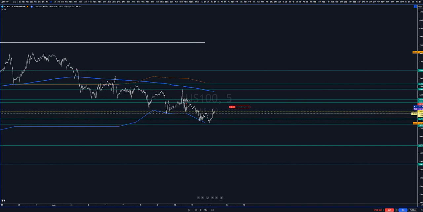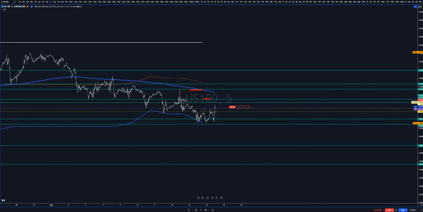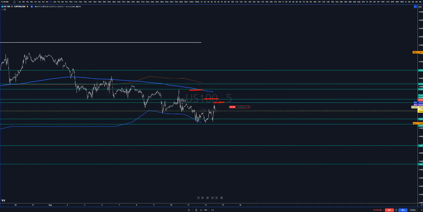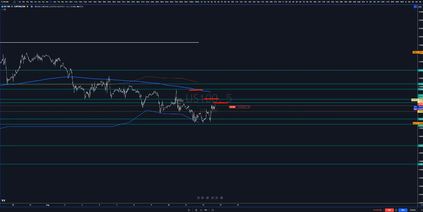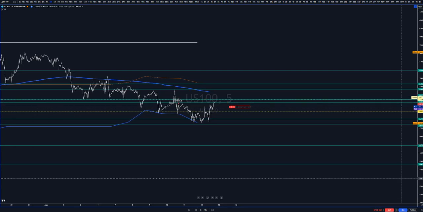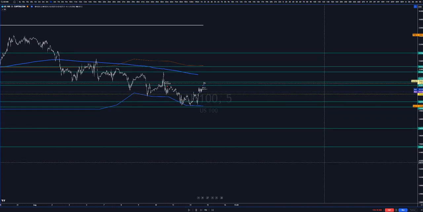Now we can, for example, this was the previous stop. We can put on stop here. If the market reaches that point, we immediately get out of the market. And it happened again. So I close it and we wait again.